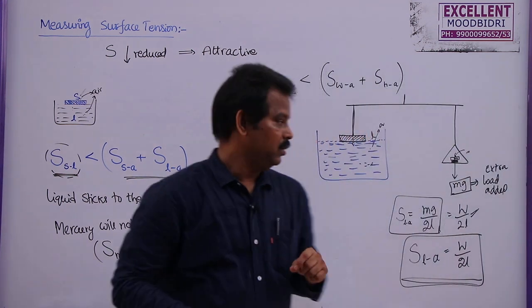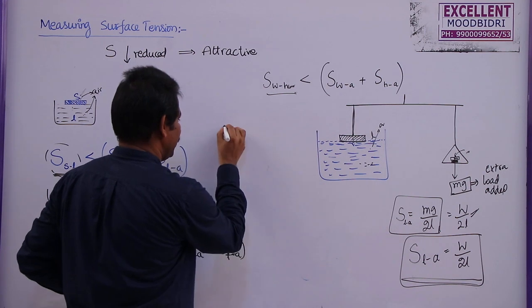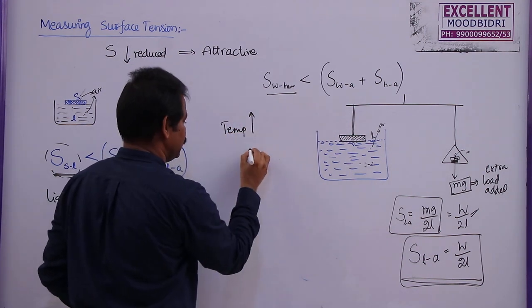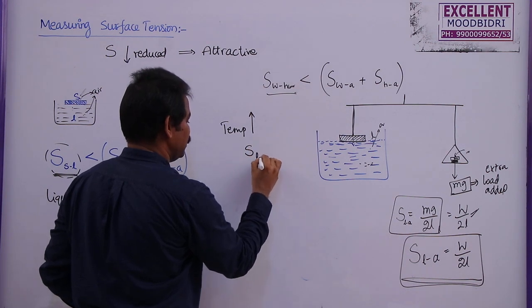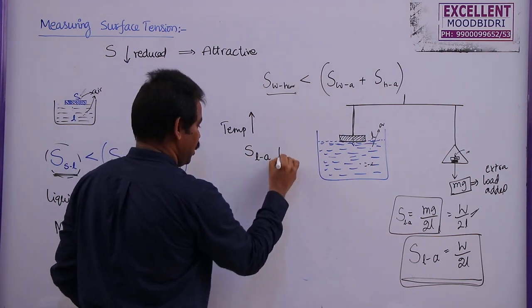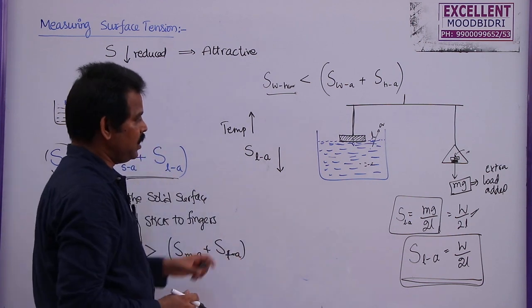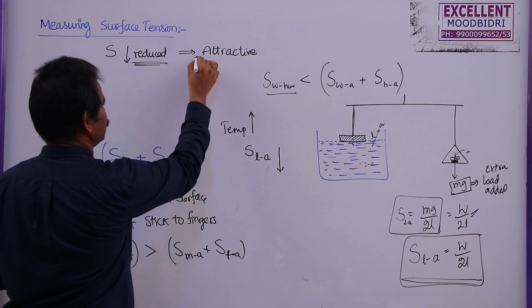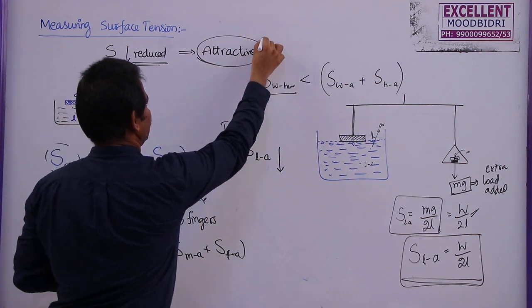It is found that whenever the temperature increases, the surface tension of that liquid with respect to air always decreases. Whenever surface tension is reduced, the attractive force will increase.